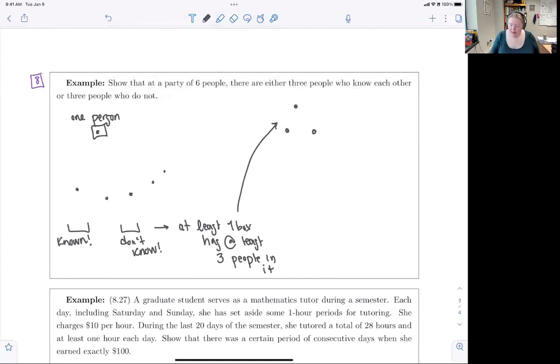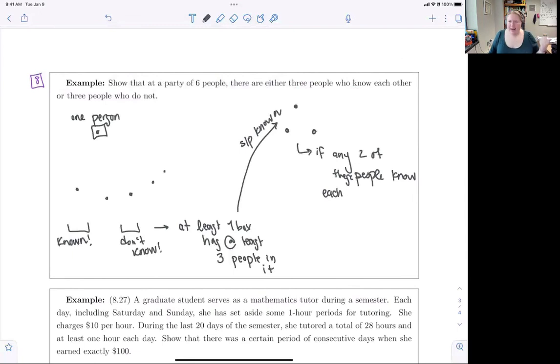Well, what does that mean? Either we have these 3 people that all know that person or they don't, right? So if they know each other at all, we're good to go. So if any 2 of these people know each other, let's suppose that it's the known box, because the similar case would happen if it's the don't know box.